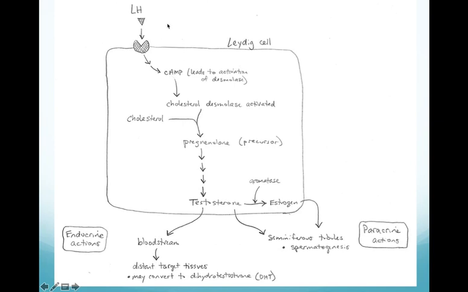So a G protein coupled receptor there. And it's going to stimulate the metabolism basically tied to this cholesterol metabolizing enzyme that's going to lead to a whole cascade of steroid-like structural transitions from pregnenolone to progesterone to testosterone.